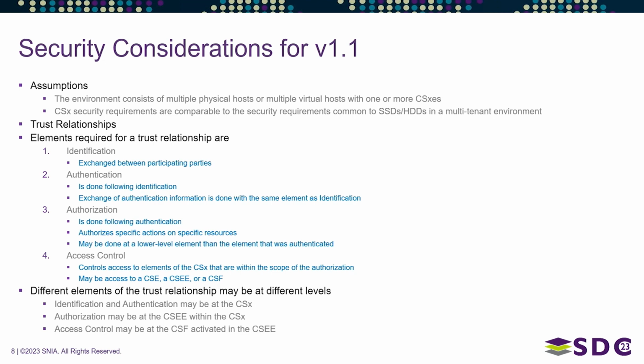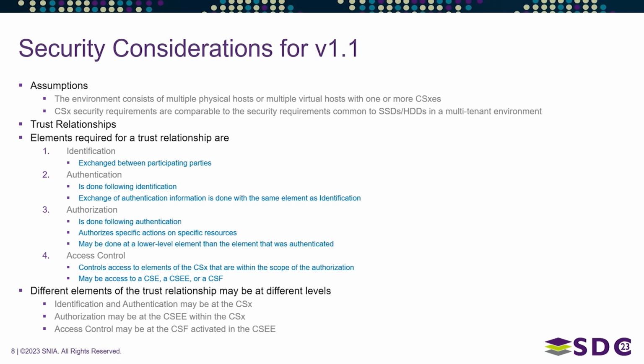And as I said, these elements of that trust relationship may be at different levels. So just to simplify, we may say once you've logged into the drive or authenticated yourself, you've done that at the drive level, but you're only able to access these specific resources, and those access controls may be even finer granularity than that.